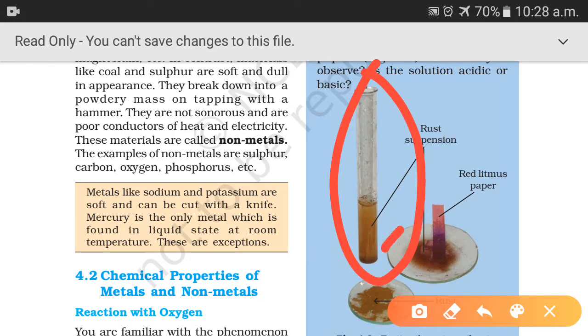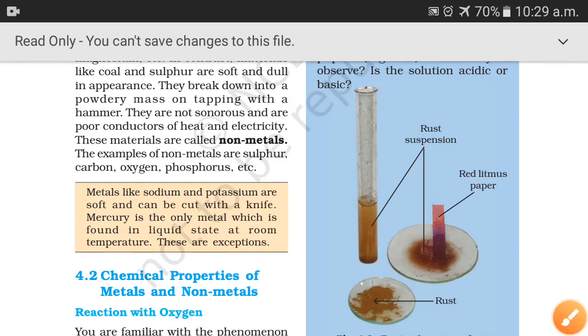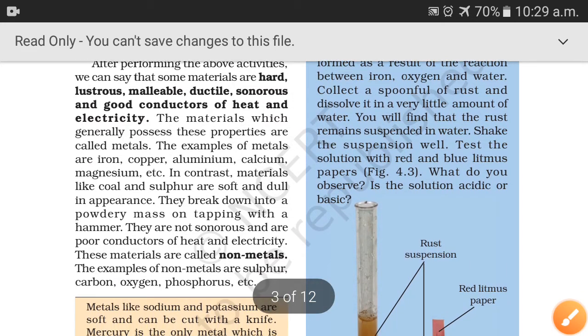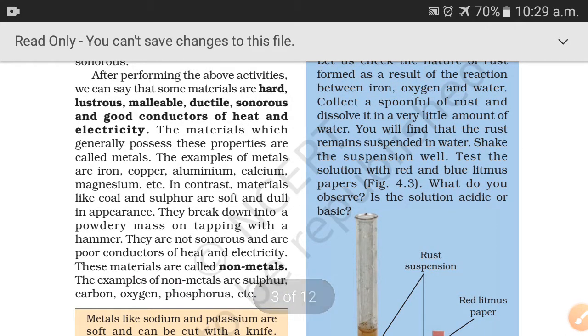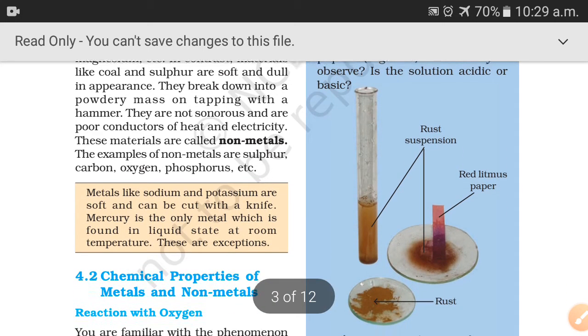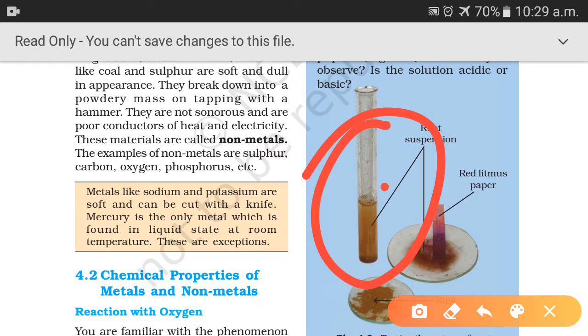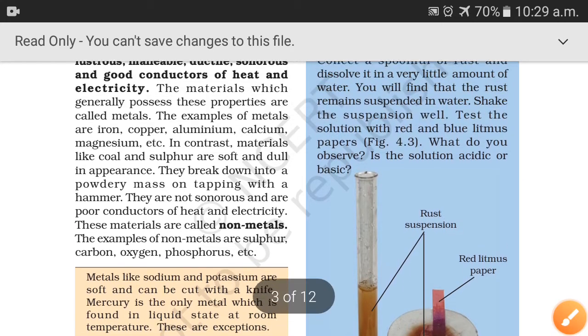This is a rust suspension. Now shake the suspension well. After shaking, what will you find? You will test this rust suspension with the litmus paper.